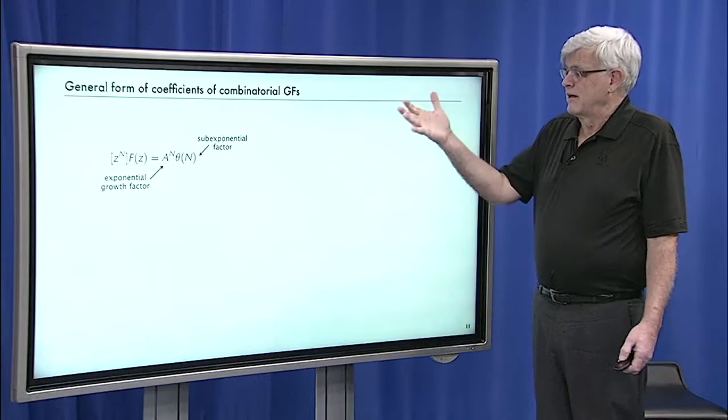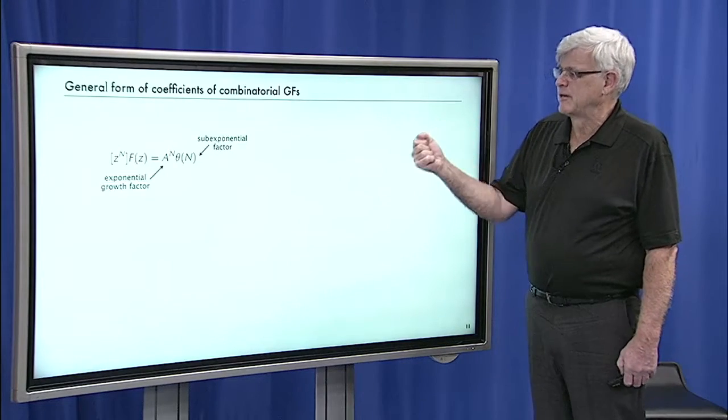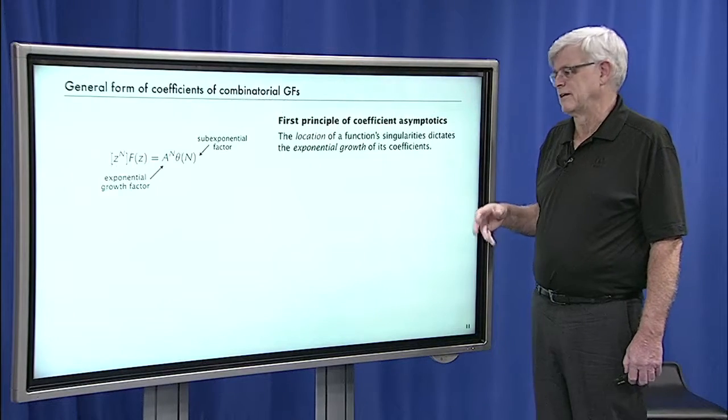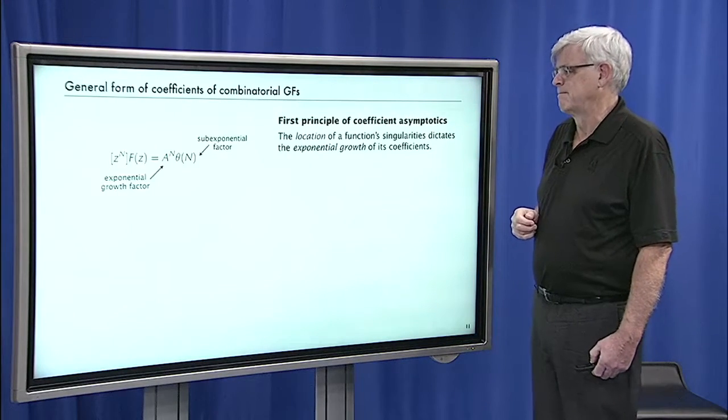So in general, as we'll see, the combinatorial generating functions that we're examining are functions in the complex plane with positive coefficients since we're counting things. They have an exponential growth factor and a sub-exponential factor. The first principle is that it's where the singularities are that dictates the exponential growth. And that's not too difficult to see, and we'll see it specifically in many examples even today.